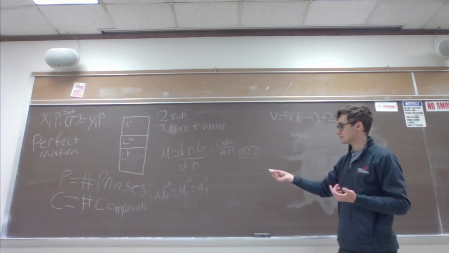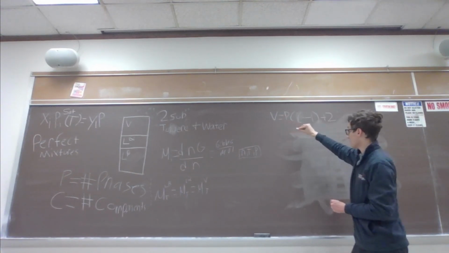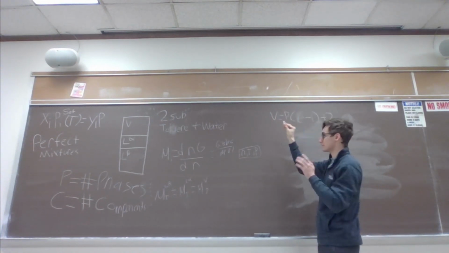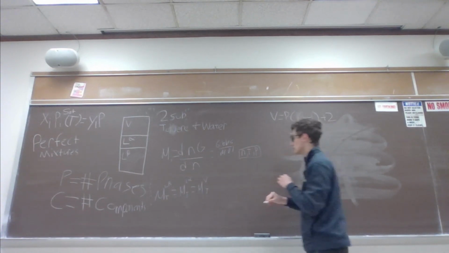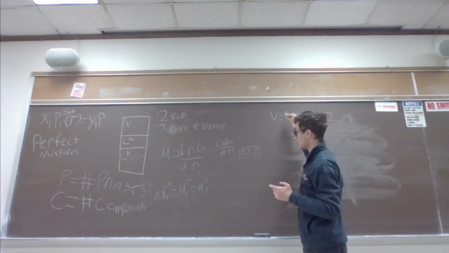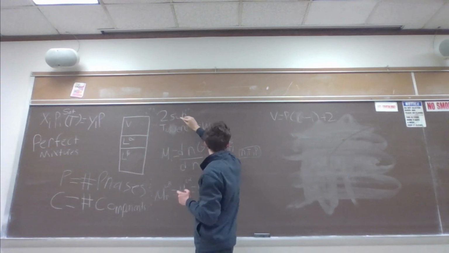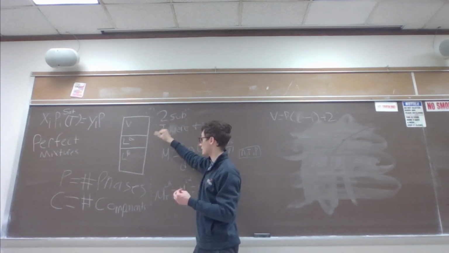Well, obviously, these are important, so for the number of variables, we're going to multiply by the amount of phases, and these are variables that are not affected by the amount that is in our system. They are kind of on a per phase basis. So we have our amount of phases multiplied by the amount of components, and then we're going to subtract 1.